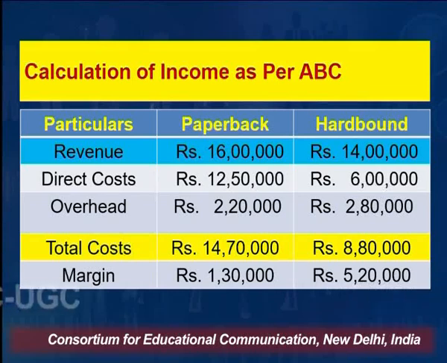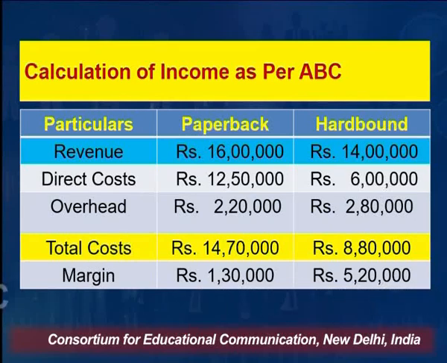This is coming from our calculation sheet which we have done at the very outset. So overhead cost comes to be rupees 2,20,000 for paperback, and for hardbound it comes to be 2,80,000. And this overhead allocation is based on those two drivers, one is utility, another is inspection. So if we calculate the total cost now, the situation is entirely different. Here my cost for paperback is 14,70,000, whereas for hardbound it is rupees 8,80,000.